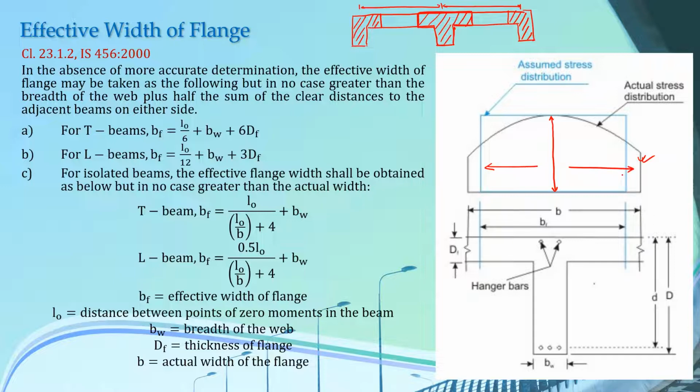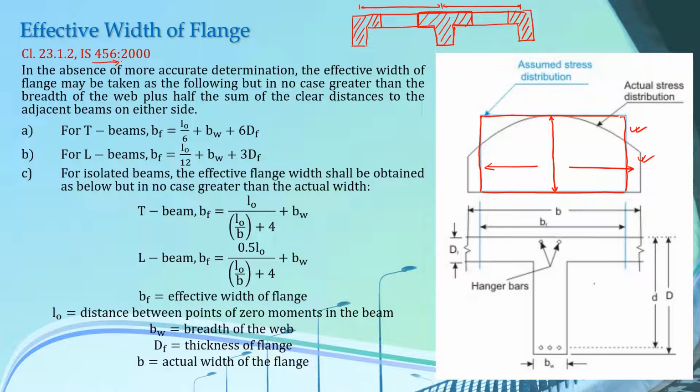So what we can do is we can determine an effective width of the beam such that the distribution of these compressive stresses can be taken to be approximately equal along the width as represented by this rectangle here. And this effective width can be determined from clause 23.1.2 as given in IS 456-2000.